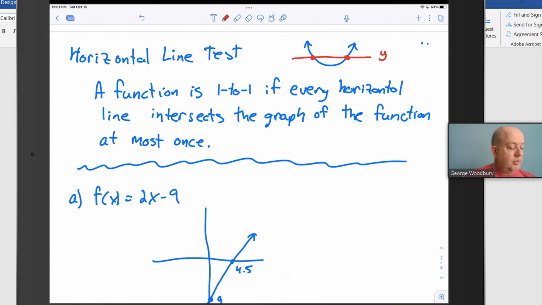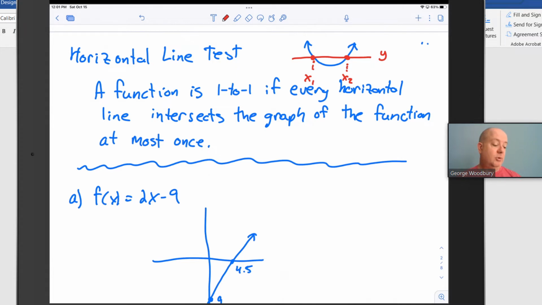So this y value is associated with 2 x values. That tells us that the function is not one-to-one because each y value can only come from one value of x. And here we have it coming from 2.